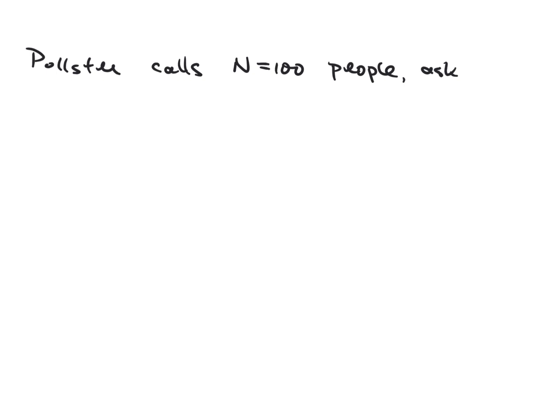So imagine we did have a binomial situation with fairly large numbers. Let's imagine that a pollster calls n equals 100 people and asks if they favor some candidate.